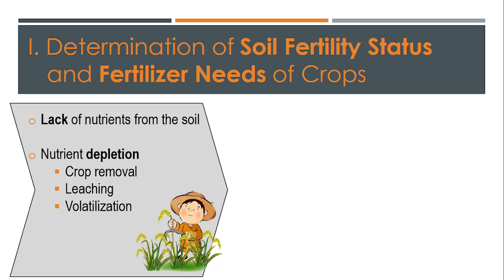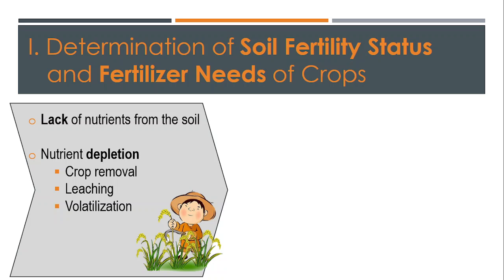The next process is the volatilization or the conversion of elements into gases. Nitrogen is commonly lost due to this process, volatilization. So yung nitrogen, it is available to crops or it is present in the soil as ammonium or nitrate.